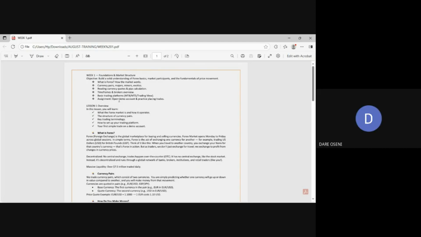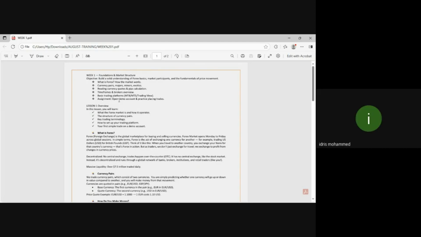You are from a particular country where you spend a particular currency. For example, myself and you, we are from Nigeria. We spend naira in Nigeria. So if we have the Ghana currency, that's a foreign currency. If you have the US dollars, that's a foreign currency.